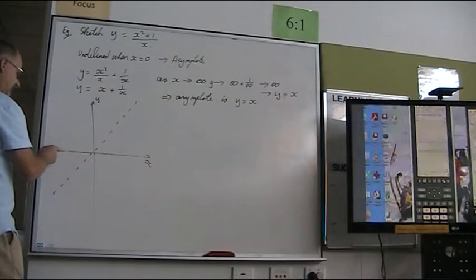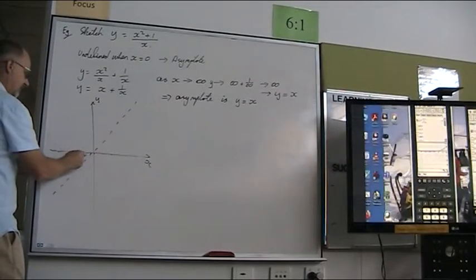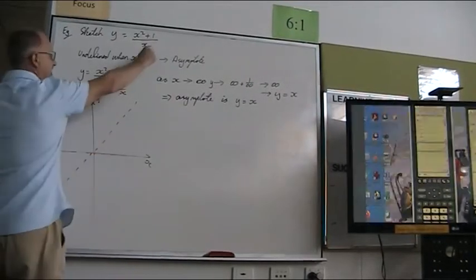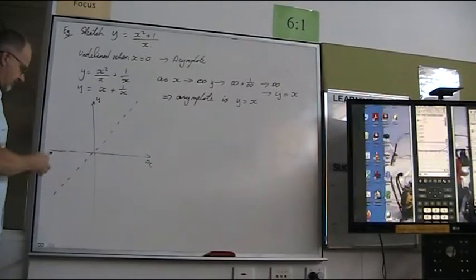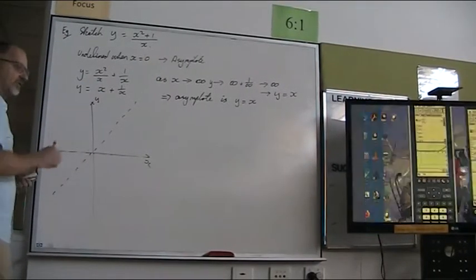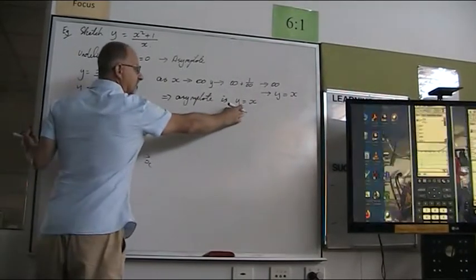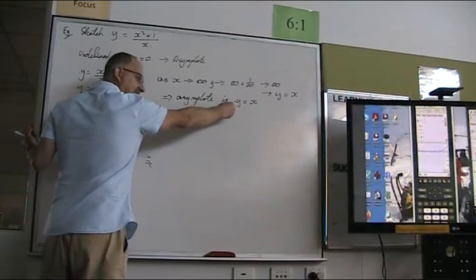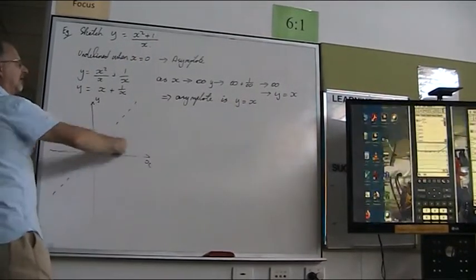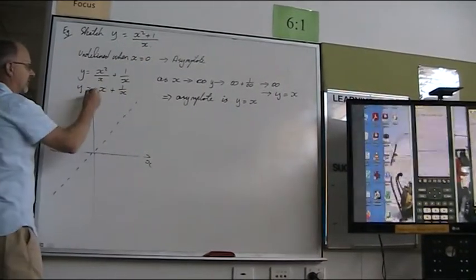We know that. From x equals 0, we've got that vertical asymptote there. Ignore that last bit. The horizontal asymptote is not horizontal anymore, it's been twisted. This one, I forgot to put in x there.